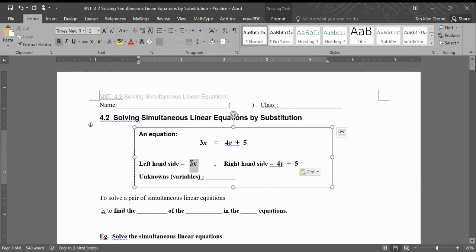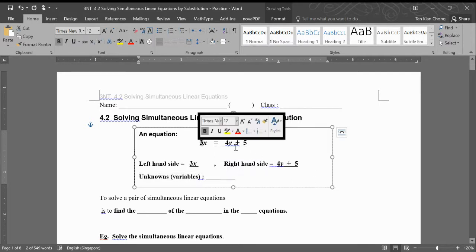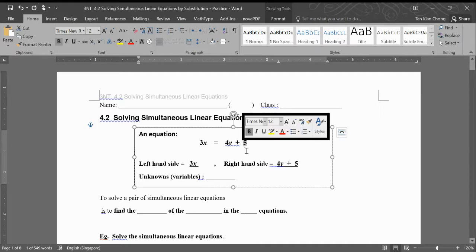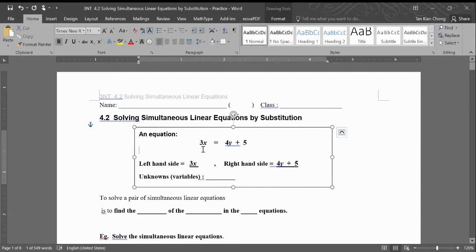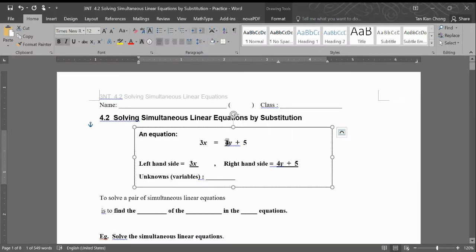So now that we have identified the left hand side and the right hand side, the next thing I want to identify is what are the unknowns? What are the variables in the equation? The numbers 3, 4, 5, they are not the unknowns. In fact, 3 is called the coefficient of x, while 4 is the coefficient of y.